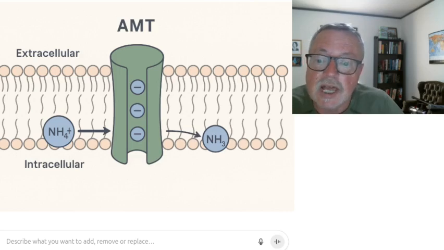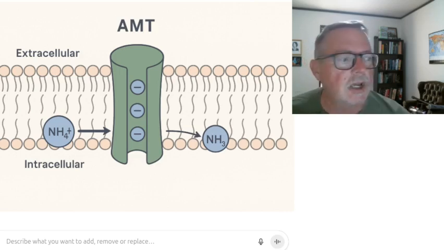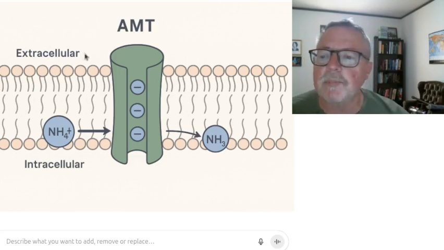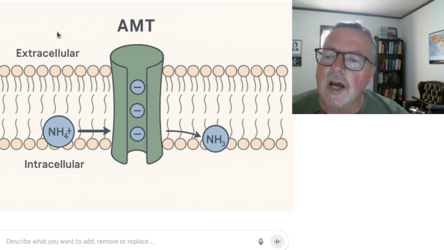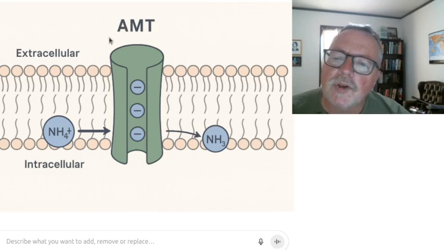So how does that get in there chemically? Extracellular area up here is outside of the cell, and this is inside the cell. Well, what is this big structure here? This is the cell membrane, and somehow we've got to get the ammonia produced by the bacteria into the cell down here. So how does that happen?